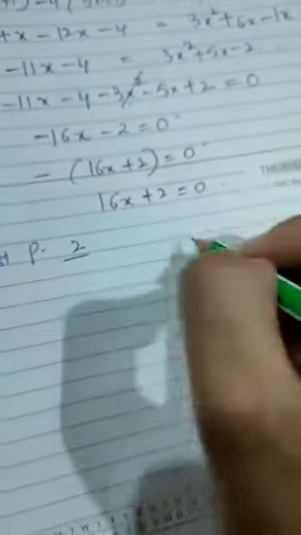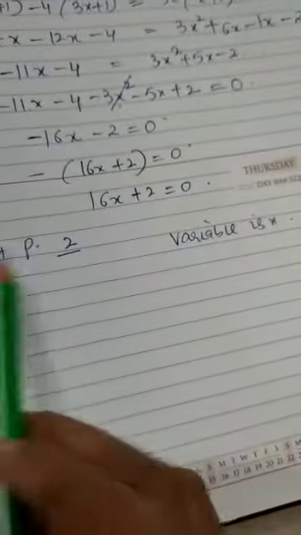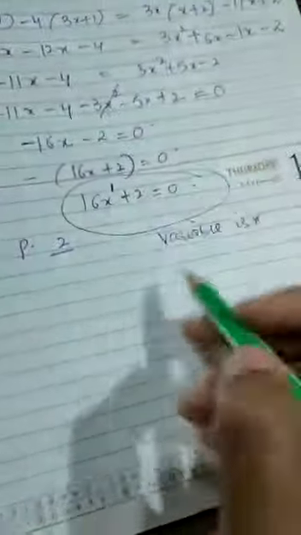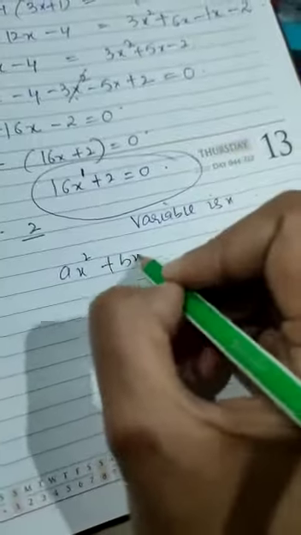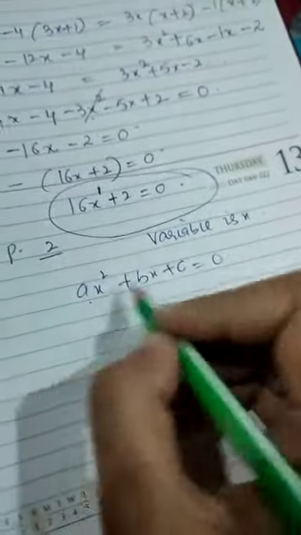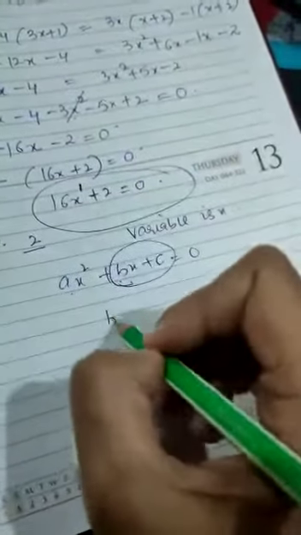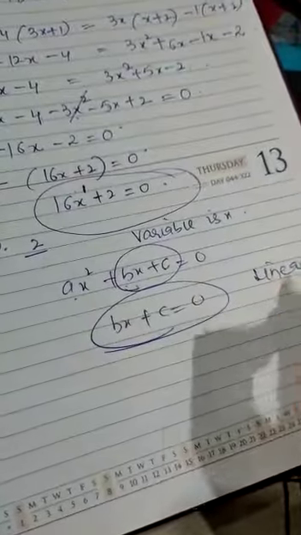The variable is x, but the highest power is not 2 here, the highest power is 1. So this is not a quadratic equation because it doesn't satisfy the general form of the equation, that is ax square plus bx plus c equals to 0. It satisfies only this, that is bx plus c equals to 0. This is a linear equation, so we can't consider it as a quadratic equation.